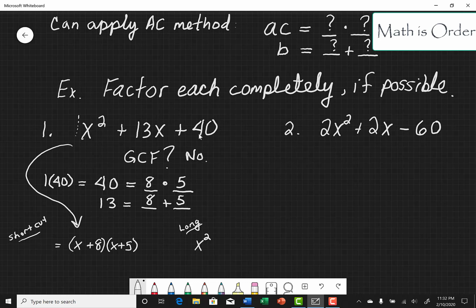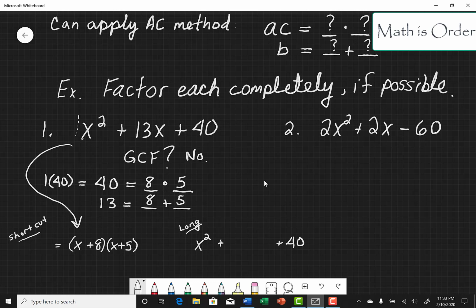We would rewrite the last term. Give yourself plenty of space. And then we replace the middle by the two factors that we found that satisfy that AC condition.